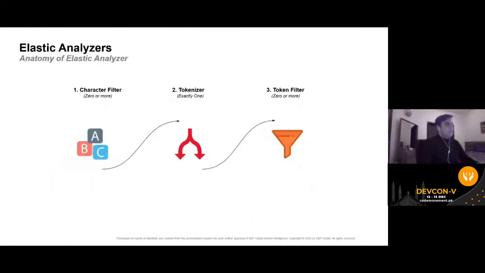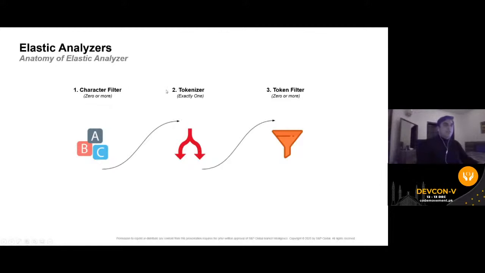Now let's look at what exactly is an analyzer. An Elastic analyzer comprises three main components: character filter, tokenizer, and token filter. That's it. These three things jointly define an analyzer. An analyzer can have 0 or more character filters, which means that character filter is optional, but usually you need it.